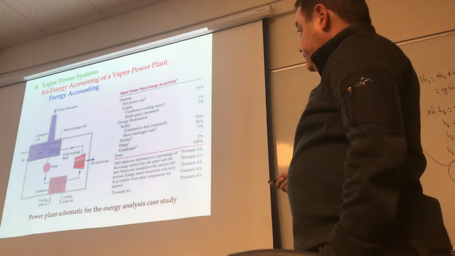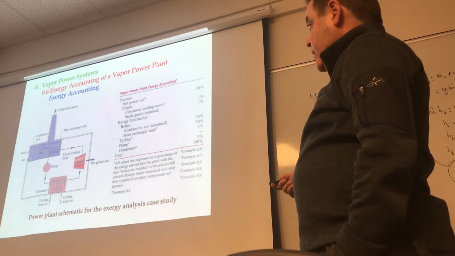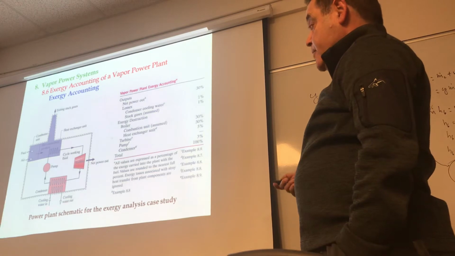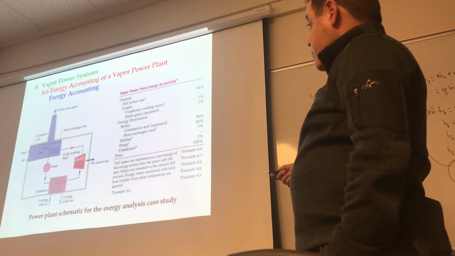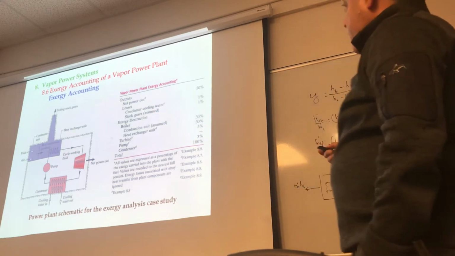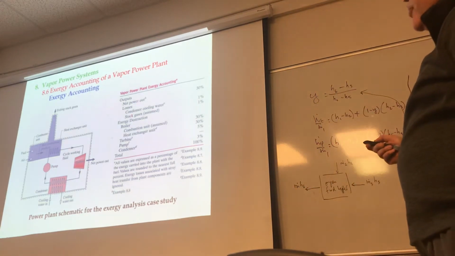And obviously the cooling water in, the cooling water out, you're taking some stuff out in here, plus some inefficiencies associated with the pump, etc. So it says vapor power plant exergy. These are just some typical values. The net power out is about 30%.